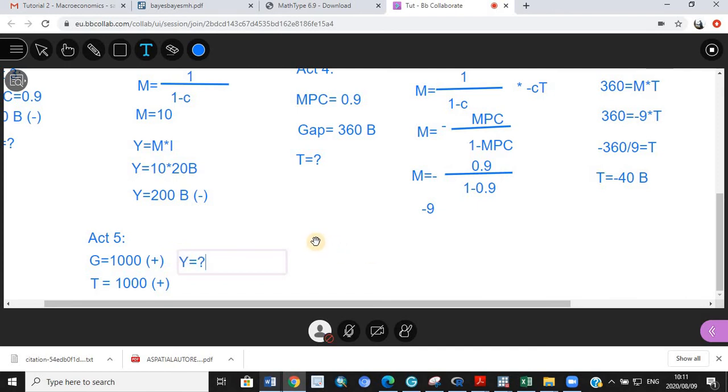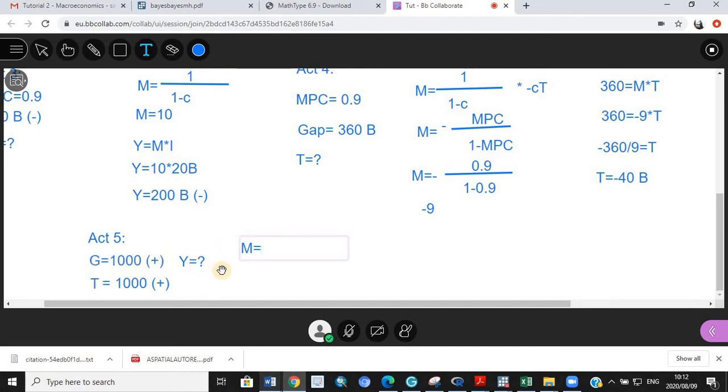I just want to call your attention to this: first we have the government spending multiplier, which is m equal to. For us to calculate the change in y, we need to know how each of these variables changes y.